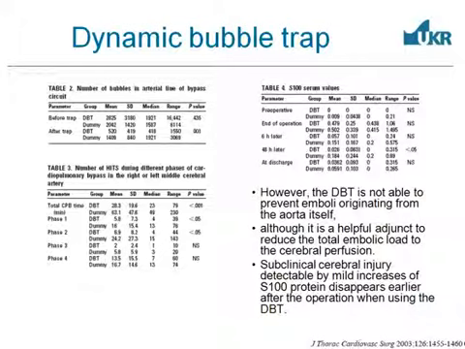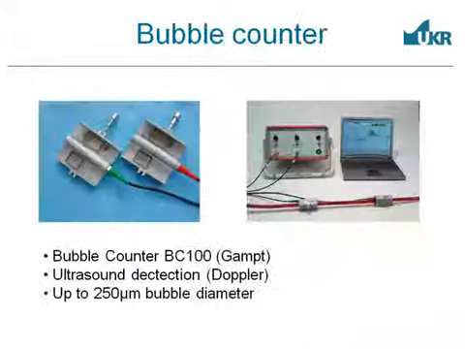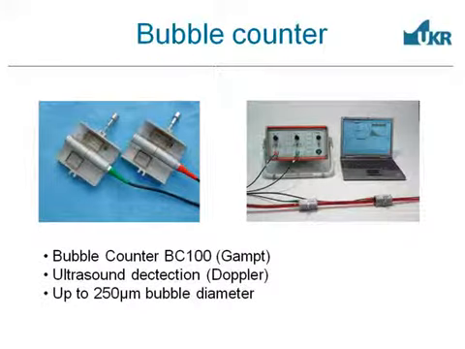To summarize, the dynamic bubble trap, of course, cannot prevent emboli, but it's a helpful tool to reduce the total embolic load. And since the S100 protein was lower, it may also be a kind of protective system for the cerebrum.